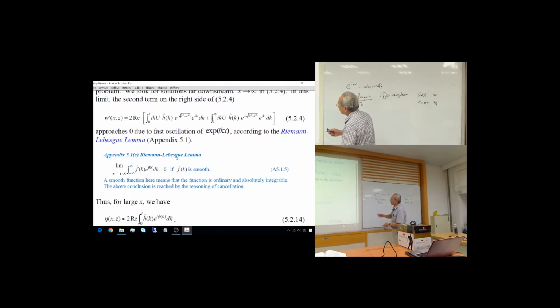So for example, look at the first term. Then we have 2 times the real part, and then the integration from 0 to L, and then h hat of k, and then e to the i, and then we can combine them together.